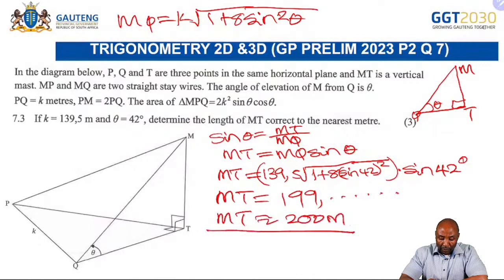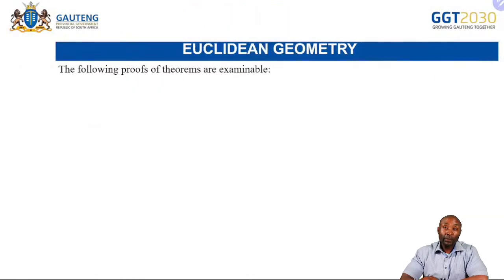Now, let us always answer these questions, because that is where we get these marks, because it's a diagram. Redraw the diagram, add information to your diagram, life becomes easy for you. We move on now to Euclidean geometry.